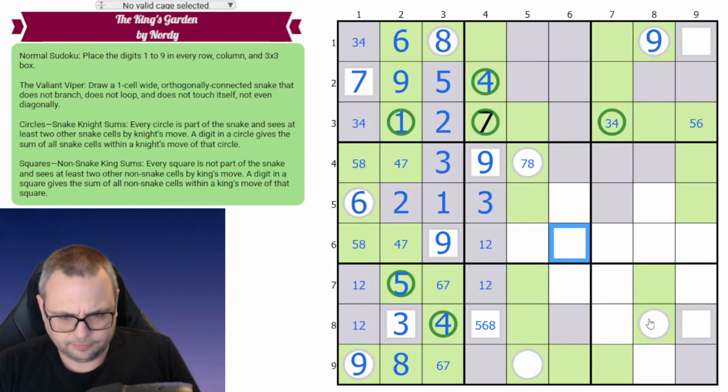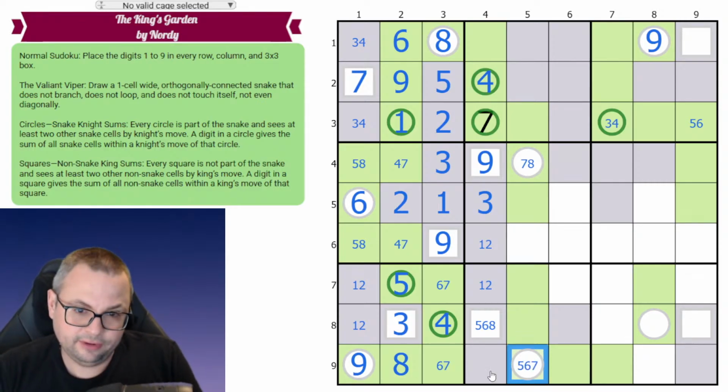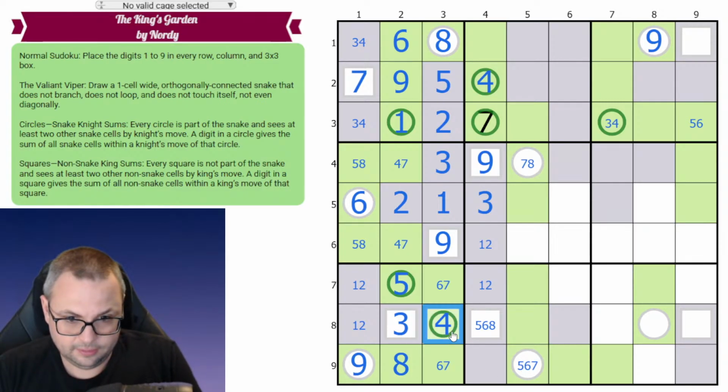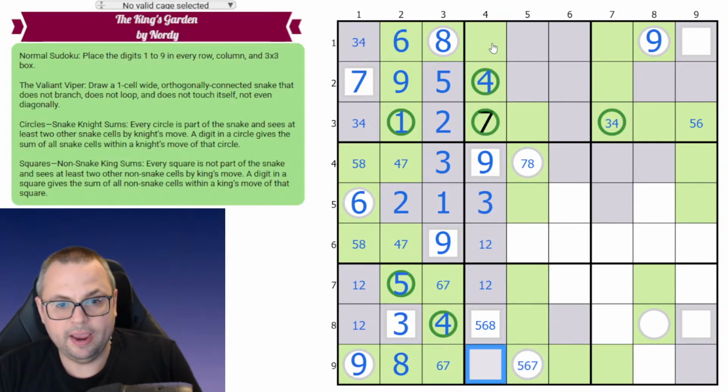Yeah, I guess I should fill in that this is 5, 6, or 7. Because it's more than 4, and it's not 8 or 9. I'm very close to having a 6, 7 pair, but I don't quite.